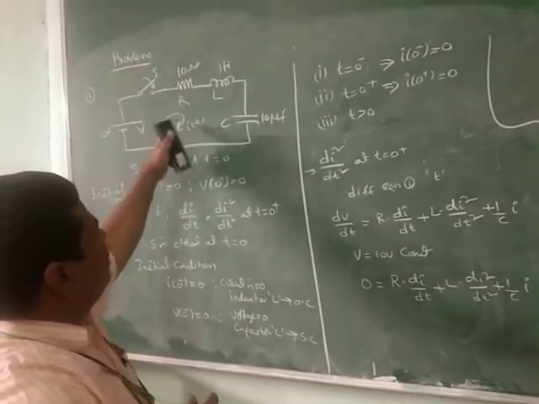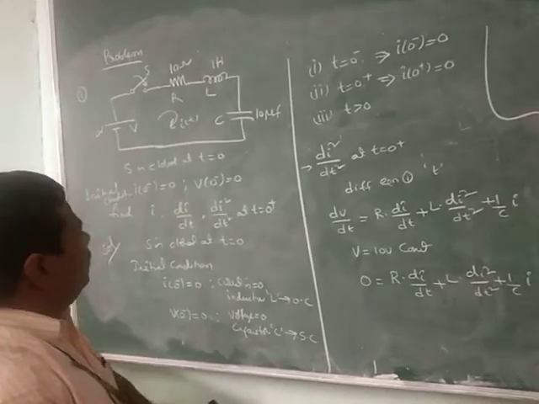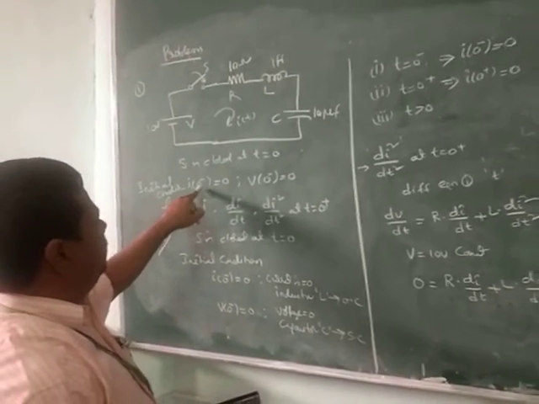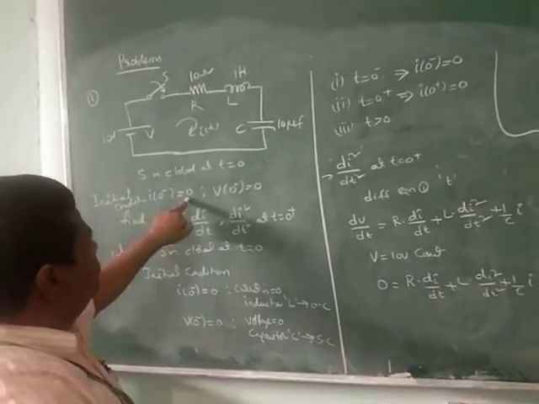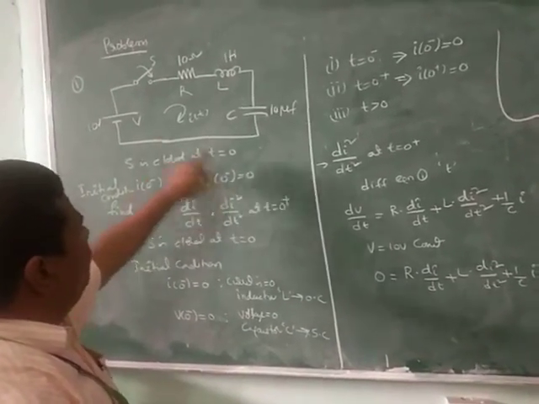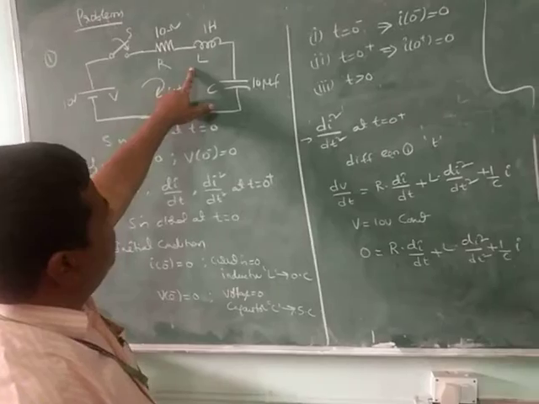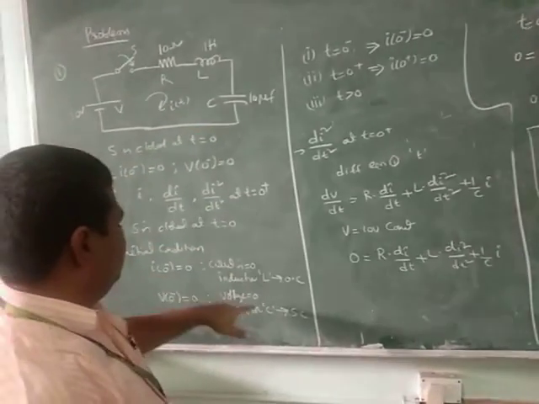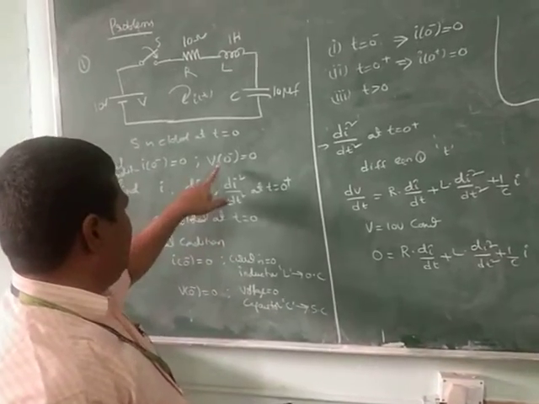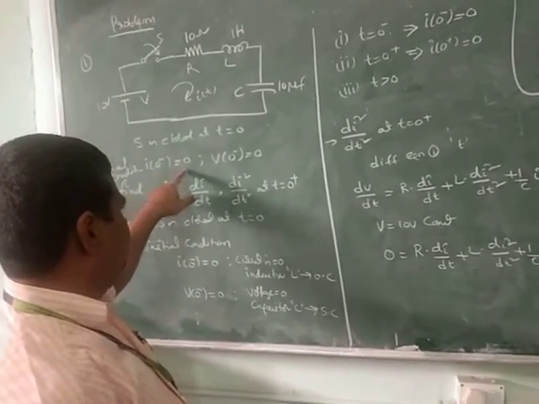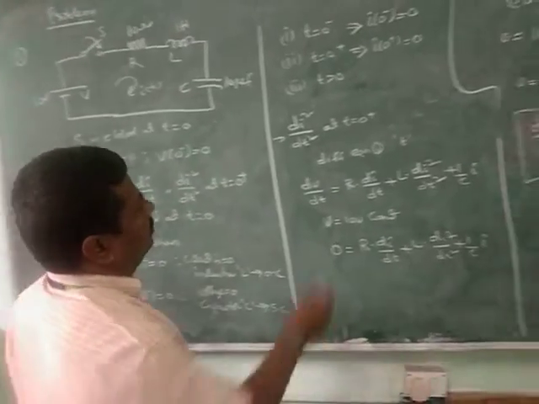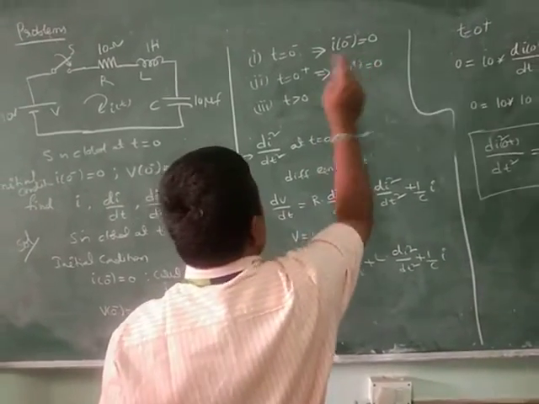This is the series RLC network. Once again, observe the initial condition. Given initial condition i(0-) is equal to 0, v(0-) is equal to 0. Inductor behaves like an open circuit, capacitor behaves like a short circuit. And the initial condition is i(0+) is equal to i(0-), v(0+) is equal to v(0-). So in these two cases the current is equal to 0.